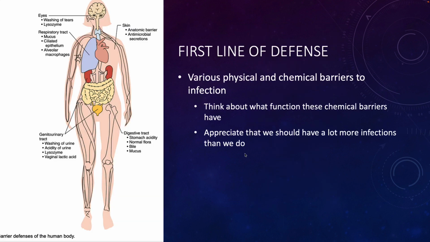Our first line of defense against any infection are the various physical and chemical barriers that we have. So shown in this image of a person, we can see some of the physical barriers, which include our skin, ciliated epithelium, but also some of the chemical barriers, like lysozyme, which is an enzyme that breaks down peptidoglycan, antimicrobial secretions, the acidity of the stomach, the production of bile, the acidity of urine.